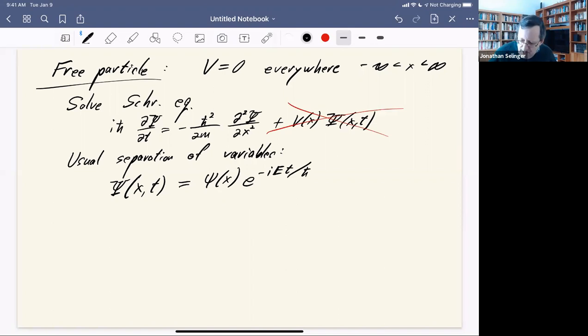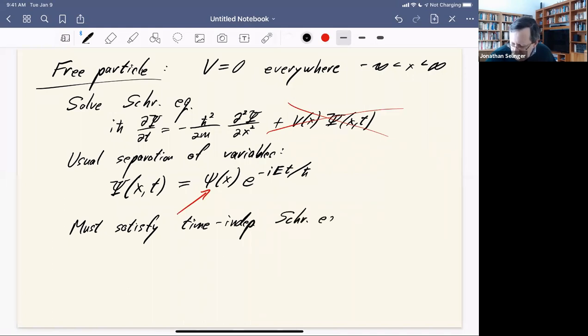Now this function of x must satisfy the time-independent Schrodinger equation, which is that the Hamiltonian acting on lowercase psi is equal to E times lowercase psi.